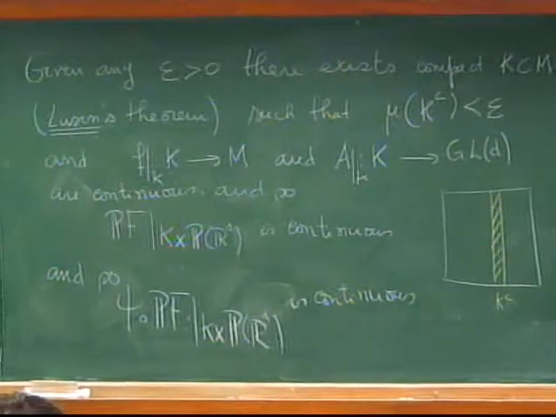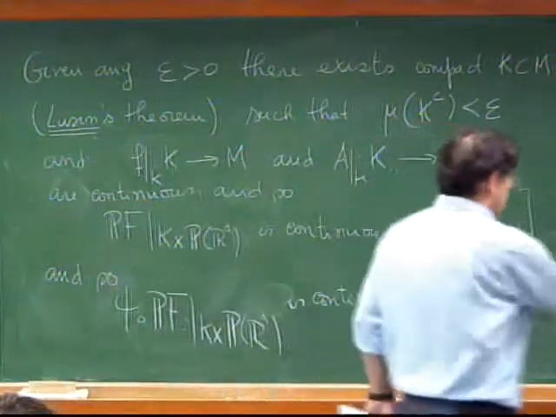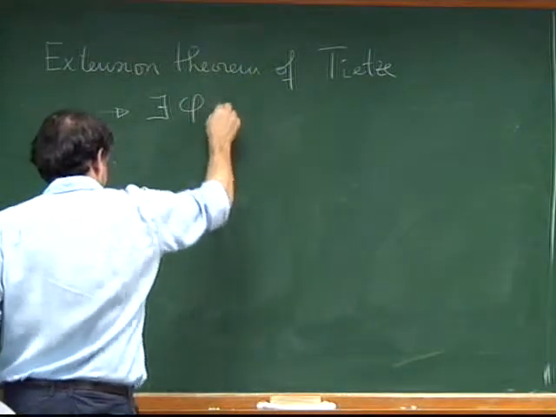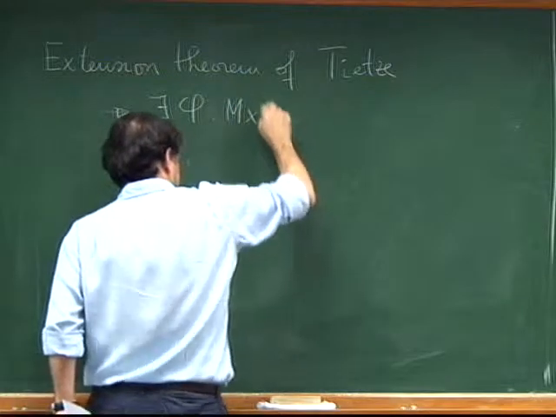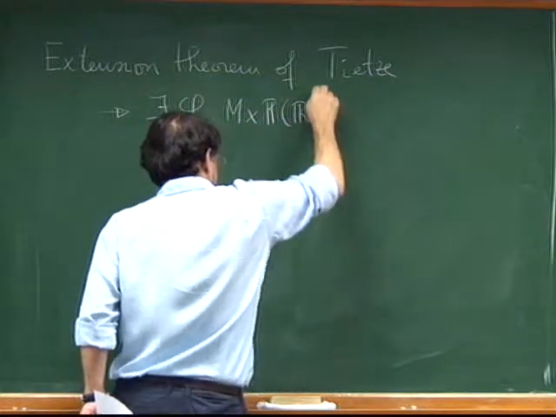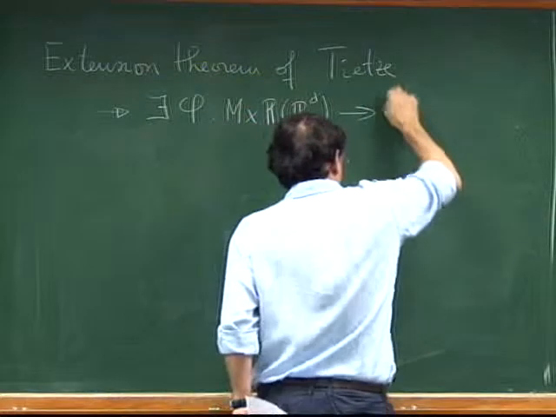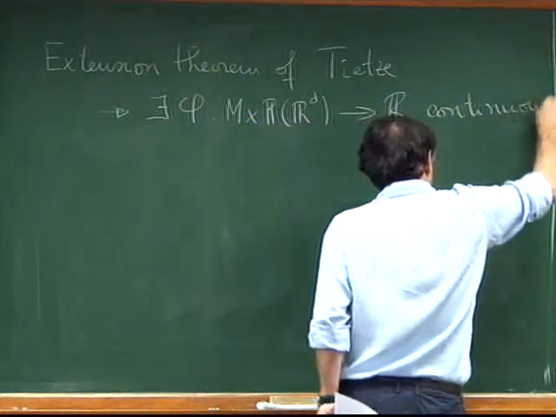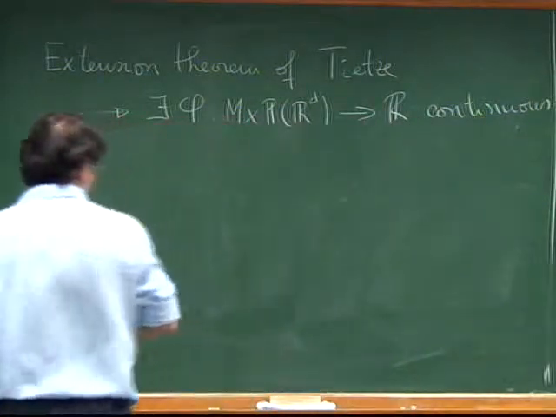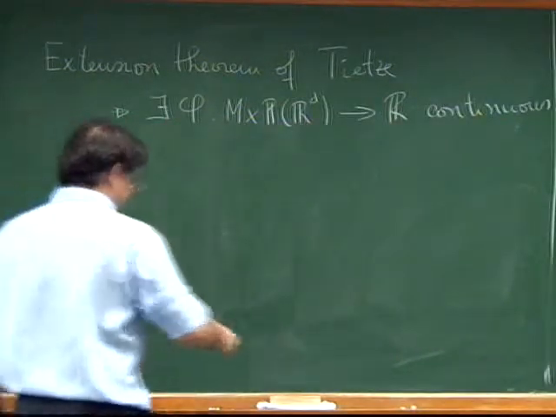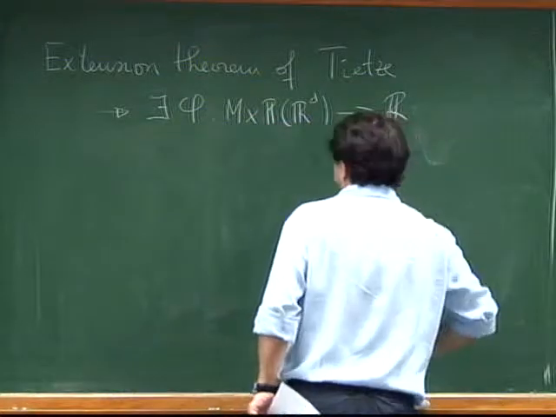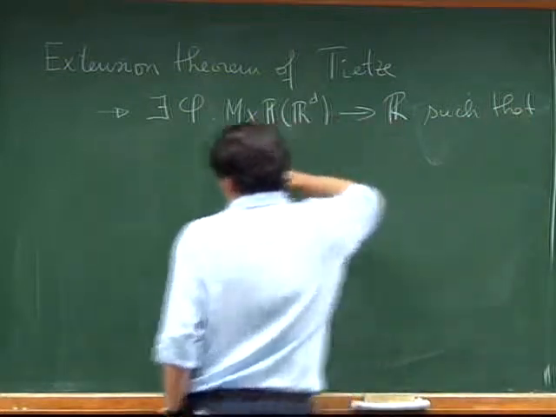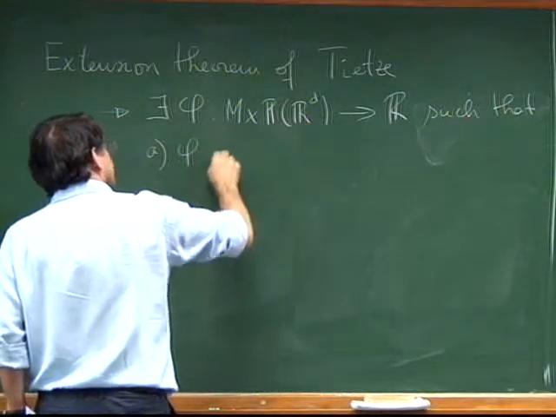Okay. Now, Tietze, the theorem of Tietze, says that there exists some function phi which is continuous, such that, first of all, phi is continuous.